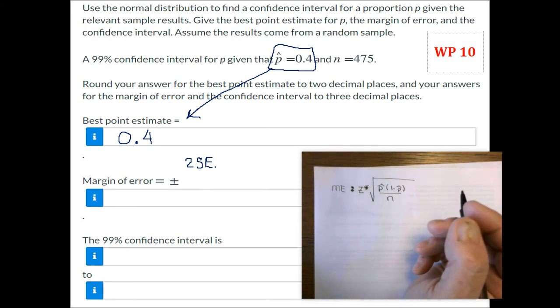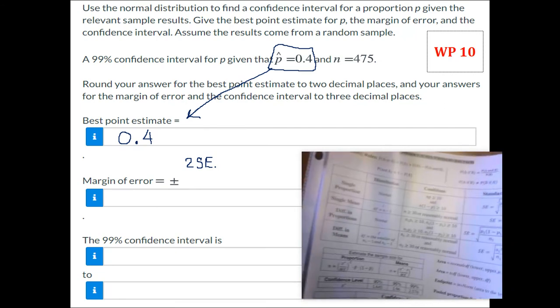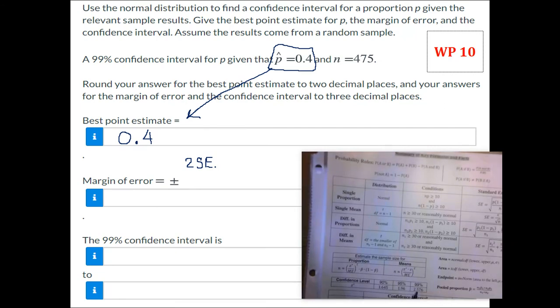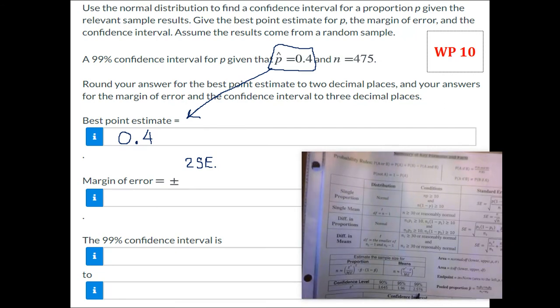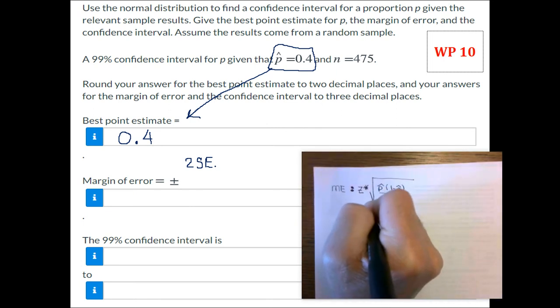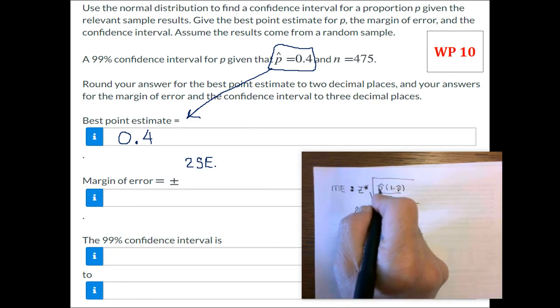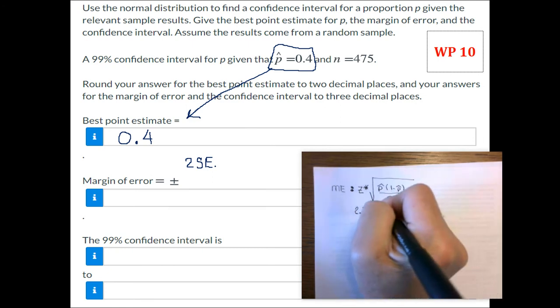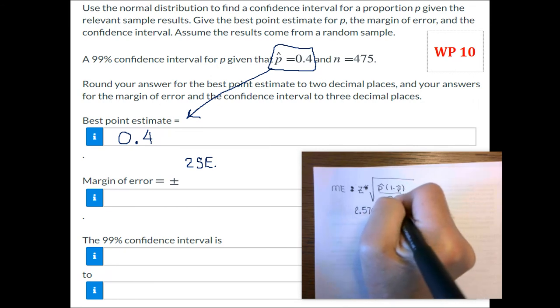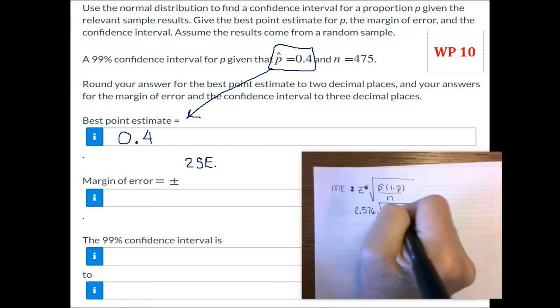So let's go fill in our values that we know for this problem. We know z star from the formula sheet. Go to the formula sheet, 99% right here, 2.576. So we're going to use 2.576. We're going to multiply that times the square root of p hat. Well, remember our p hat value given was 0.4, multiplied by 1 minus 0.4, all divided by n, and our n value was 475.